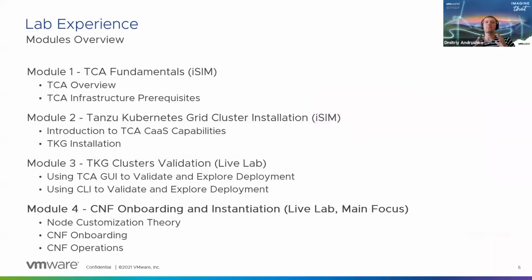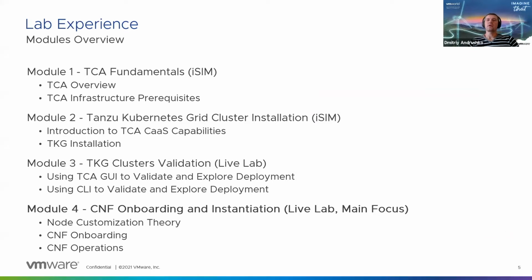The lab has 4 modules. The first 2 modules are presented in the form of iSIM, a simulation which gives you a general understanding of TCA capabilities and the features implemented inside TCA.